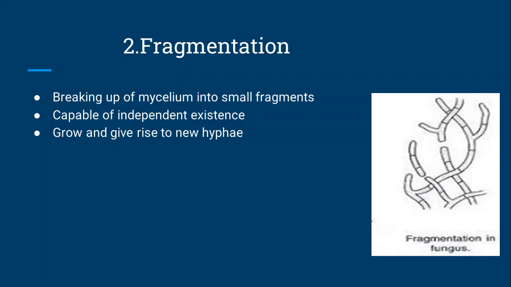Next, the type of asexual mode is fragmentation. What do you mean by fragmentation? The mycelium gets broken down into smaller pieces, small fragments. But each fragment is capable of independent existence, meaning it can divide and grow and give rise to a complete new hypha, and this new hypha grows, transforms and matures into a mycelium.